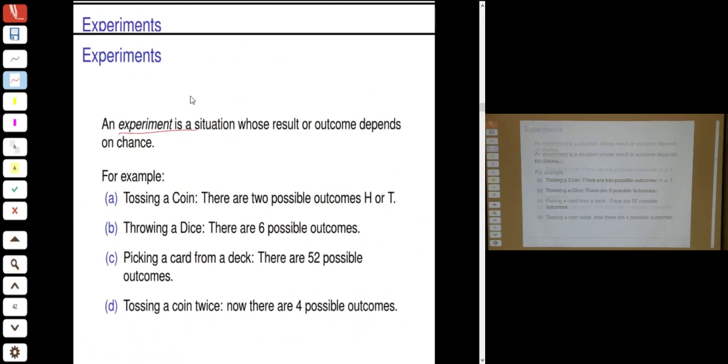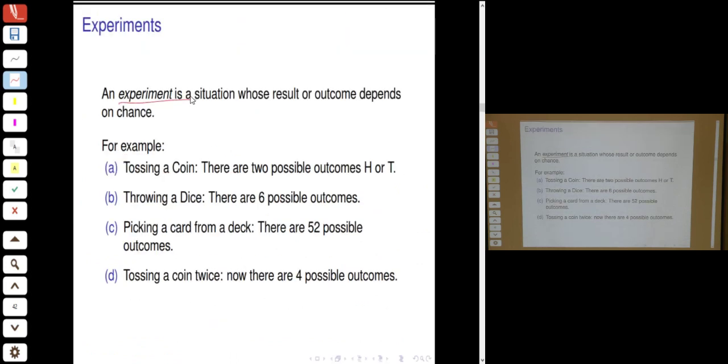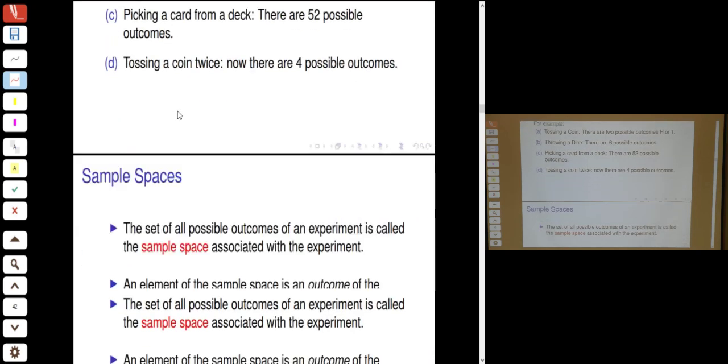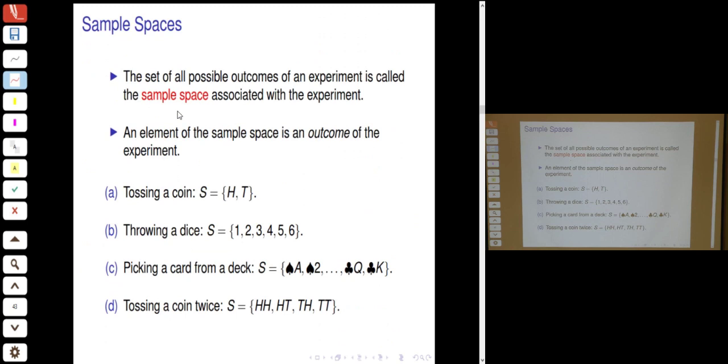So a random experiment is a situation where the outcome depends on chance, and probability is essentially the science and the math of studying random experiments. Sample spaces: the set of all possible outcomes of an experiment is called the sample space associated with the experiment.